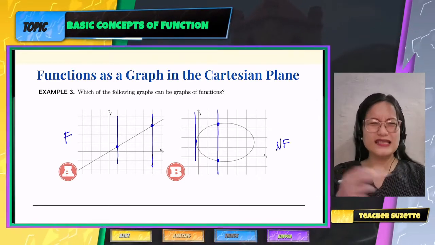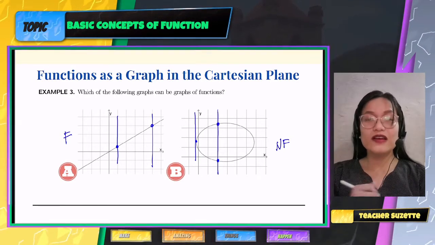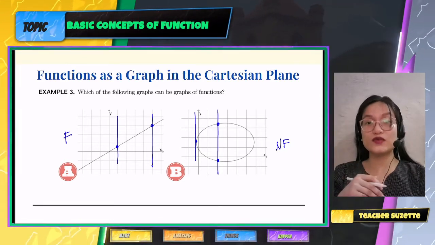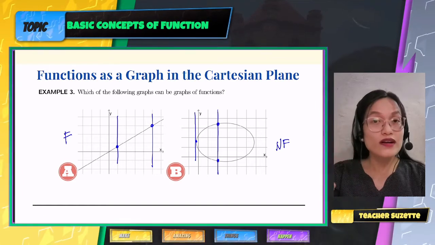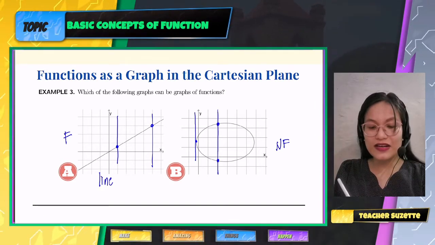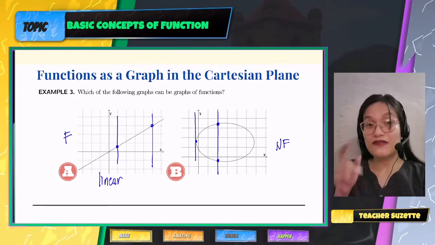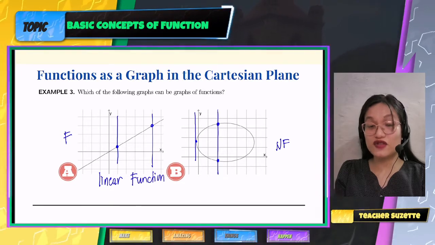So, let's examine yung letter A. Kung natatandaan nyo, this graph, you have encountered this graph nung kayo ay junior high school. Kung mapapansin mo, straight line or ito po ay graph ng isang linear equation, or particularly kasi function siya, this is a graph of a linear function.